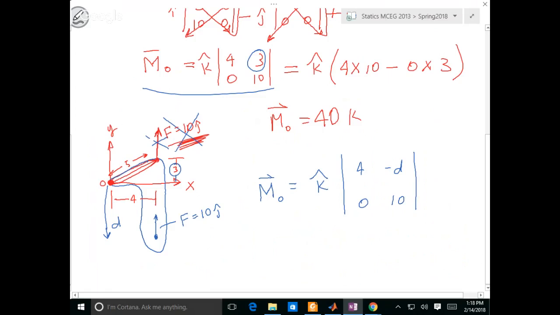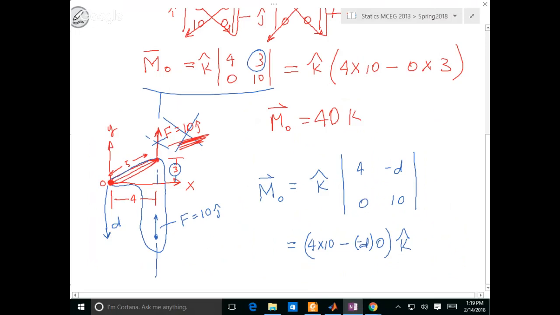Now, if you look at this thing, it becomes 4 times 10 minus D times 0. So what this means is anywhere along this line, I can put this force and it won't change the moment.